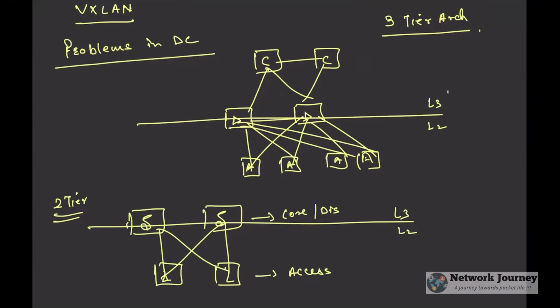So my first question to you guys is, if we talk about data centers, do you find any benefit of using two-tier as compared to three-tier architecture?